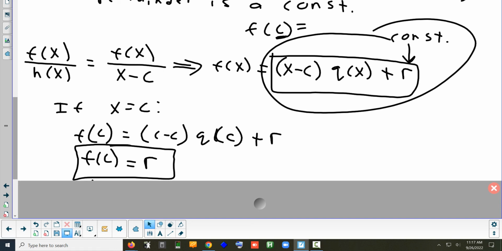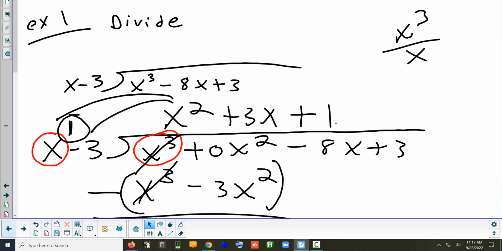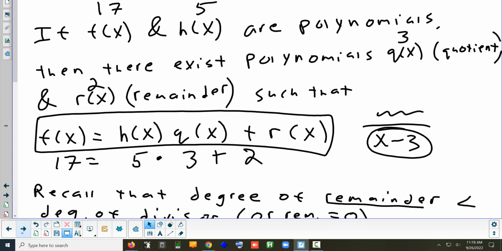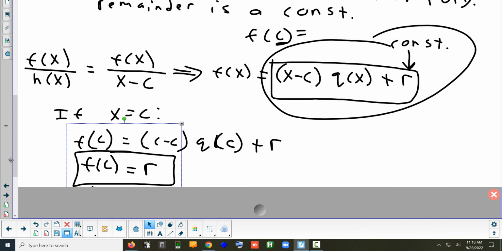So what this means is, if you're dividing by something linear, let's go back to the first one. If I wanted to know the remainder to this problem, all I have to do is take the number that comes after the minus sign, take the c value, and plug it into the original numerator. If I plug c into the numerator, it will automatically give me the remainder.